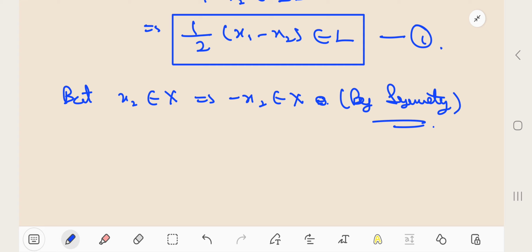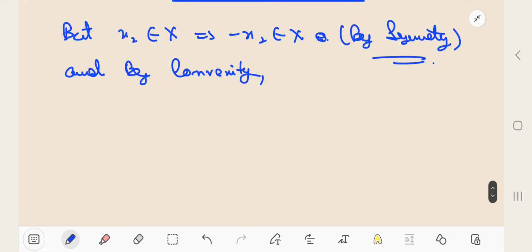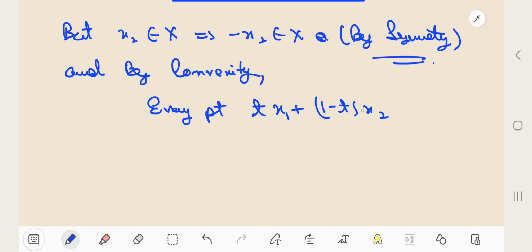Since x1 is also in X, by convexity every point on the line joining x1 and minus x2 will still be in X. So every point t x1 plus (1 minus t)(minus x2), with t in the range 0 to 1, is also in X, right?